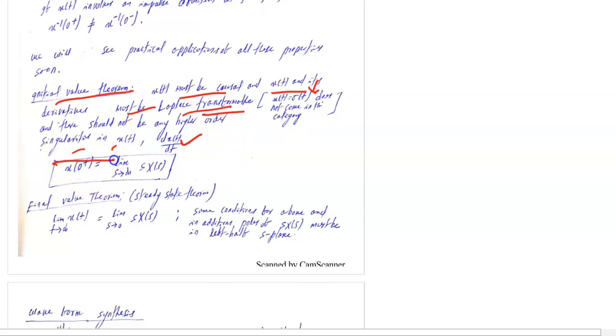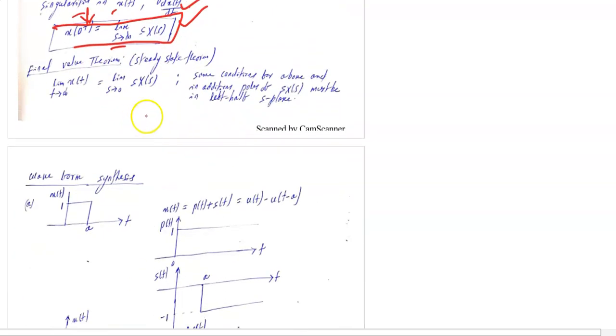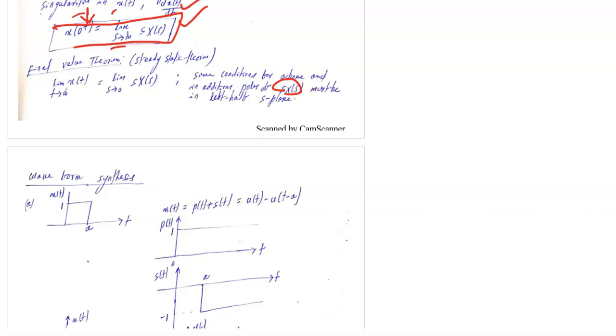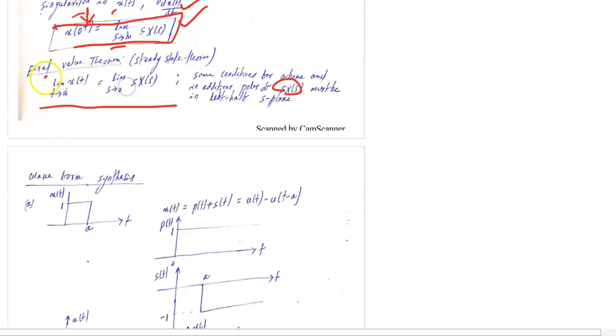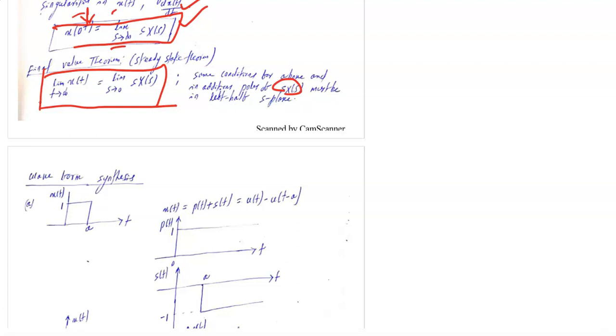Then the initial value theorem says the initial value of the signal is the limit of s X(s) as s tends to infinity. Similarly, for the final value you need to ensure that s X(s) has all its poles in the left half s plane. Simply you can find out, because we are considering physical circuits without any negative resistance, negative capacitance, negative inductance.